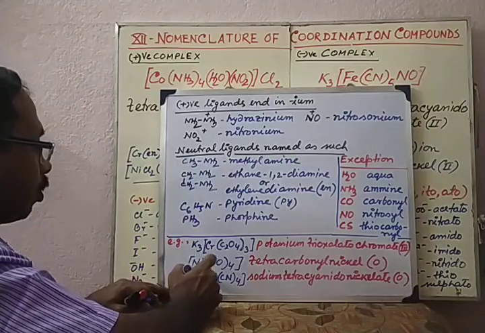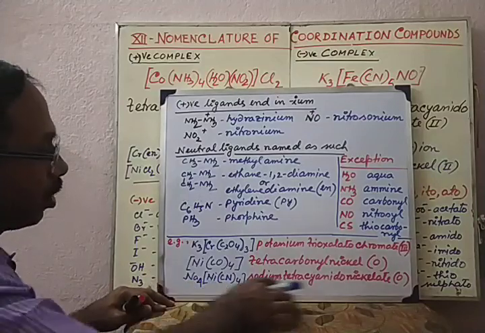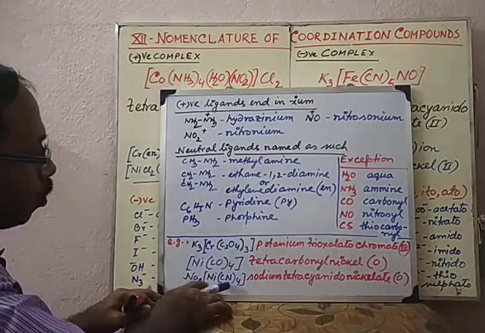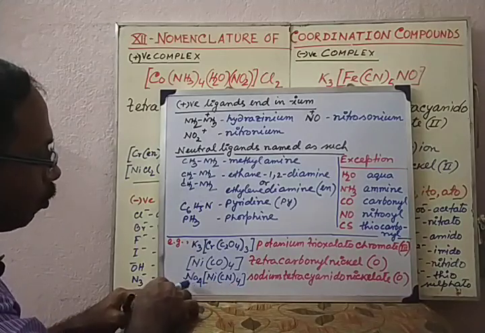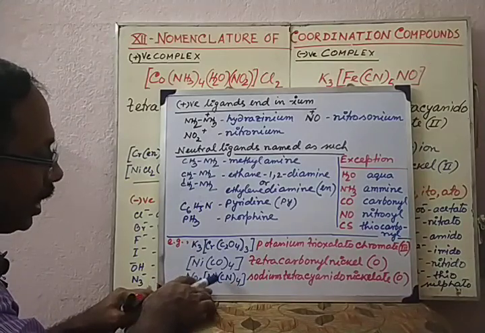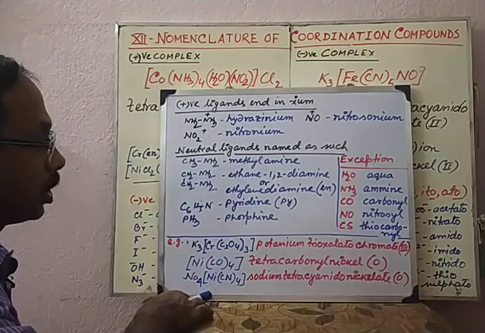It must be 4 here, because I have written the oxidation number 0. That means 4 cyanide groups provide 4 negative charge and 4 sodium ions provide 4 positive charge. So nickel must be neutral. It should not have any positive charge.